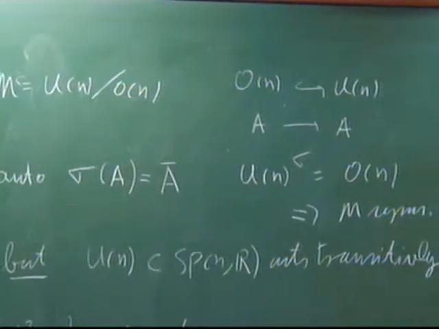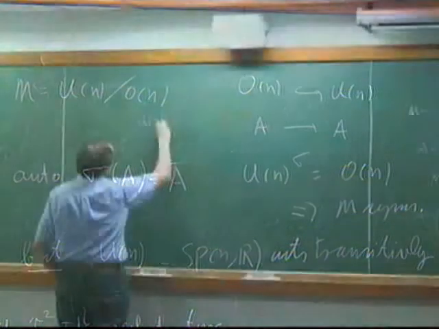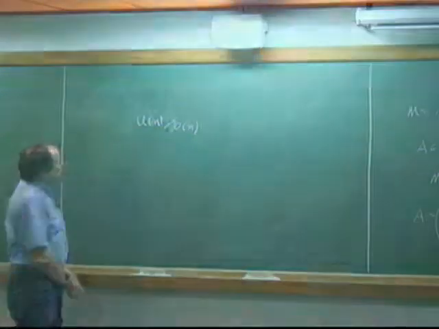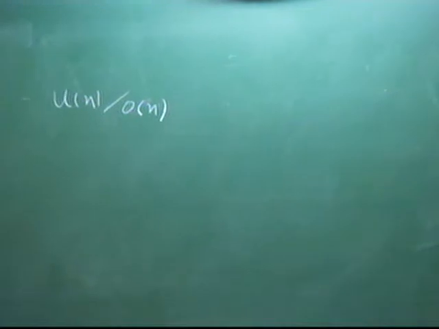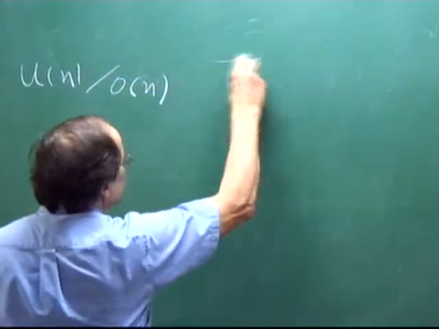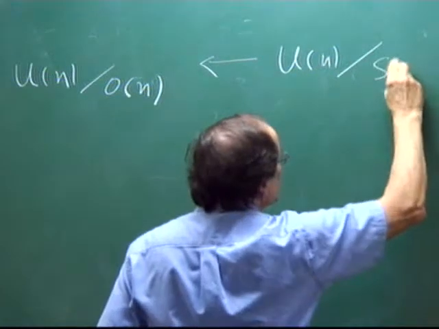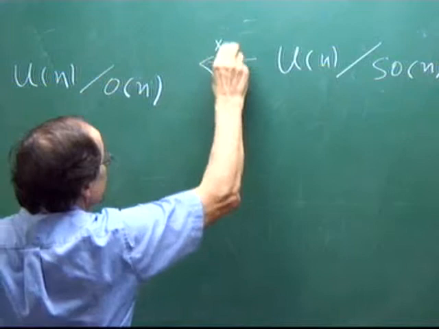There are some additional comments one has to make. So it's UN mod ON. Because this group here is not connected, that means the space can't be simply connected. So if I take UN mod SON, that should be a 2-fold cover.